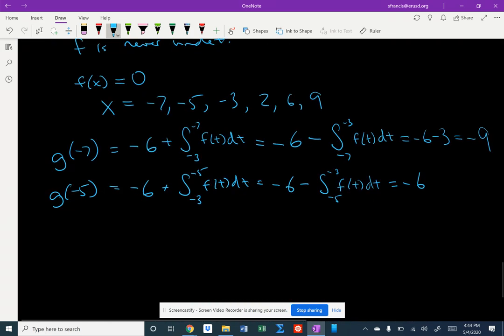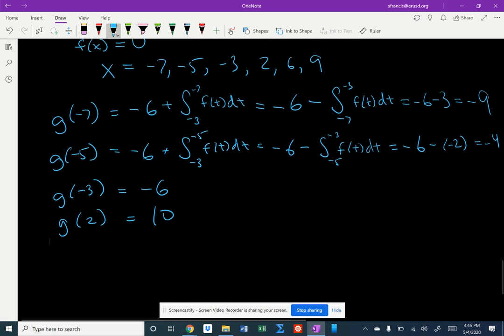And so this is going to be minus -2, which of course is going to be a +2, so that works out to be -4. G of -3, we already worked out to be -6. We did that earlier. G of 2, we already worked that out to be 10. We did that earlier. We don't have to repeat work that we've already done. We can just use it in this later problem.